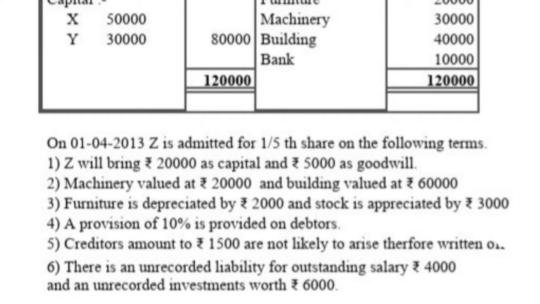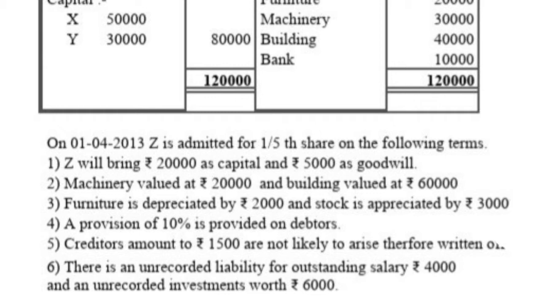Okay. The next point is furniture is depreciated by 2000 and stock appreciated by 3000. If any amount is given after the word by, that is the profit or loss. Here furniture is depreciated by 2000. That means the actual furniture value is 20,000 and it is depreciated by 2000, meaning 2000 is decreased.